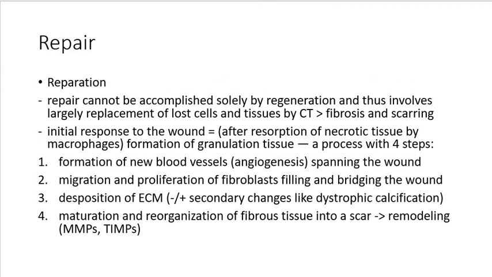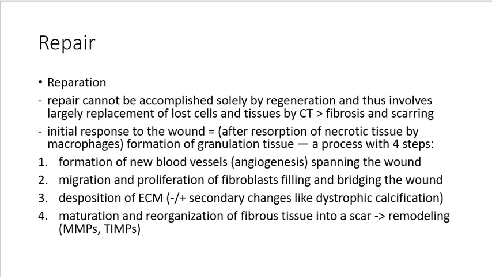As you would have guessed, regeneration takes some time, so the initial response to the wound after resorption of necrotic tissue is basically formation of granulation tissue. This process involves 4 steps. So you will have formation of new blood vessels, angiogenesis, all over the wound. Then there will be migration and proliferation of fibroblasts filling and bridging the wound.